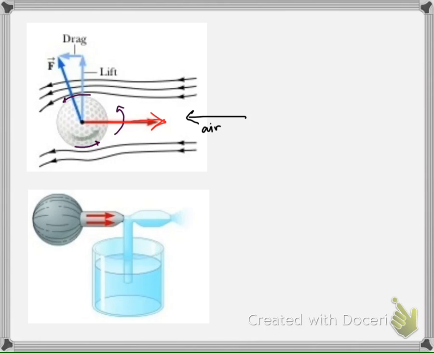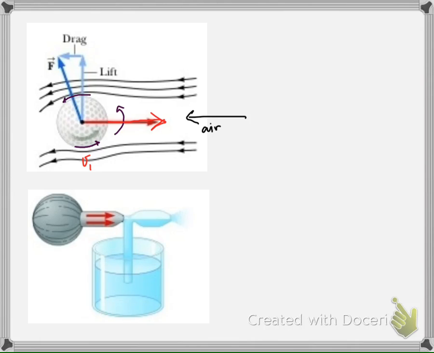So the friction will reduce the velocity at this side. If we denote the velocity here as v1, the magnitude of v1 will be smaller than the magnitude of the velocity of the fluid before it hits the ball.